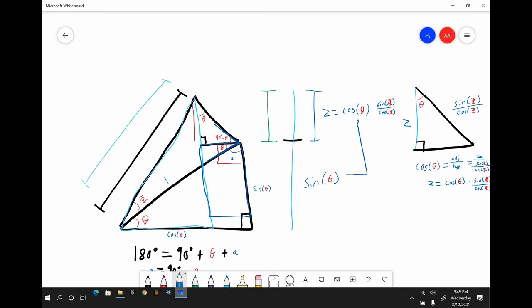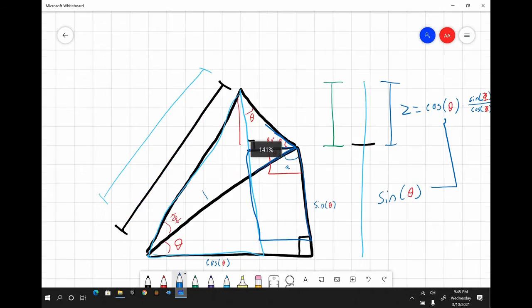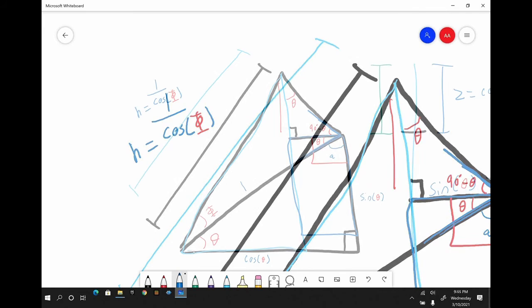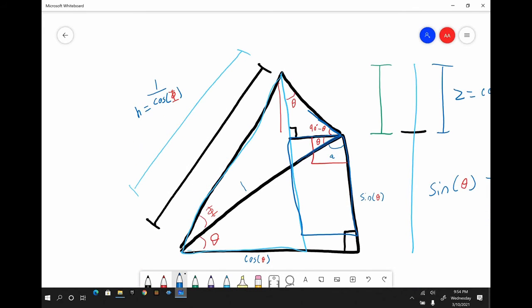And we have a hypotenuse, which we know is equal to 1 over the cosine of phi, which we found from before. Using this, we're ready for our final sine equation. So let's draw our big blue triangle.